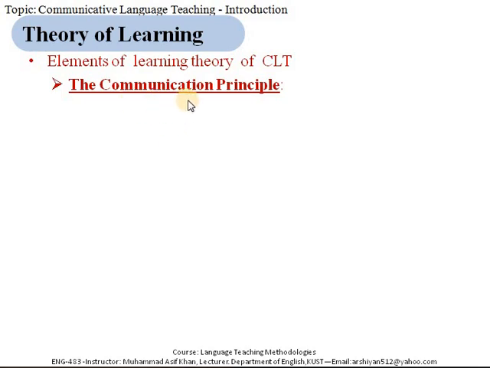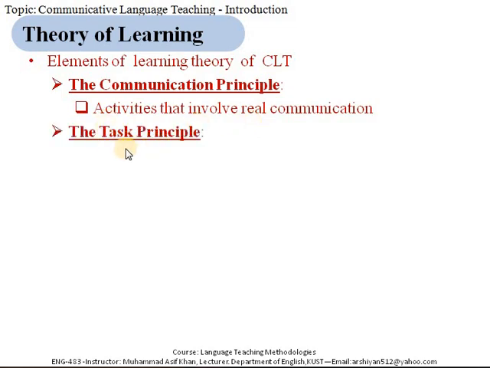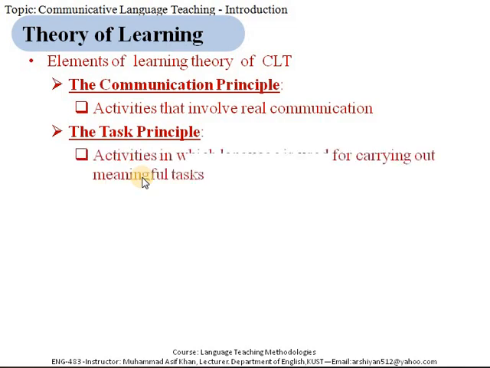The first principle, the communication principle, includes activities that involve real communication, and this real communication promotes learning. The second element is the task principle, and it includes activities in which language is used for carrying out meaningful tasks, and in this way it promotes language learning.